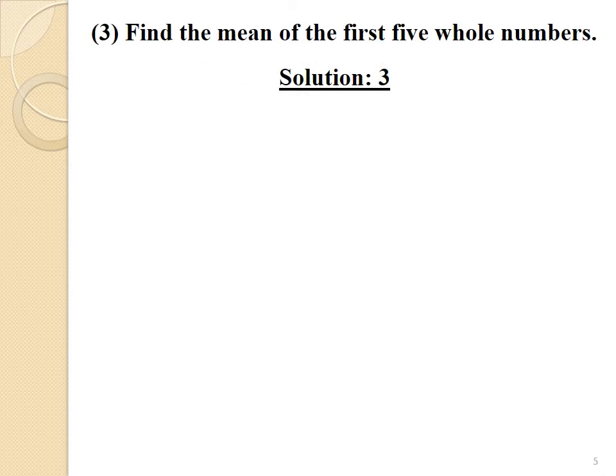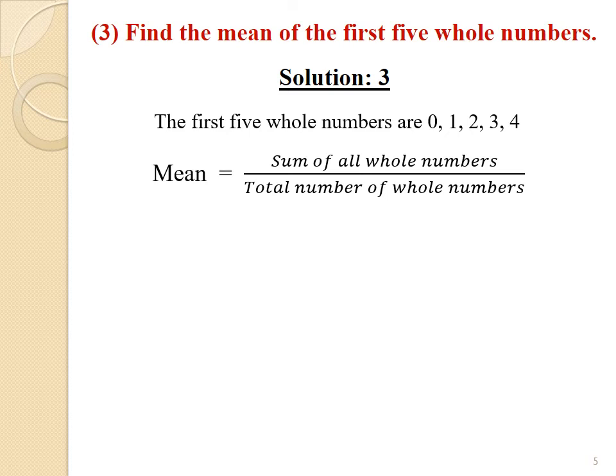Now, question number 3. Find the mean of the first 5 whole numbers. The first 5 whole numbers are 0, 1, 2, 3 and 4. Thus, mean of the first 5 whole numbers equals the sum of all whole numbers upon the total number of whole numbers.